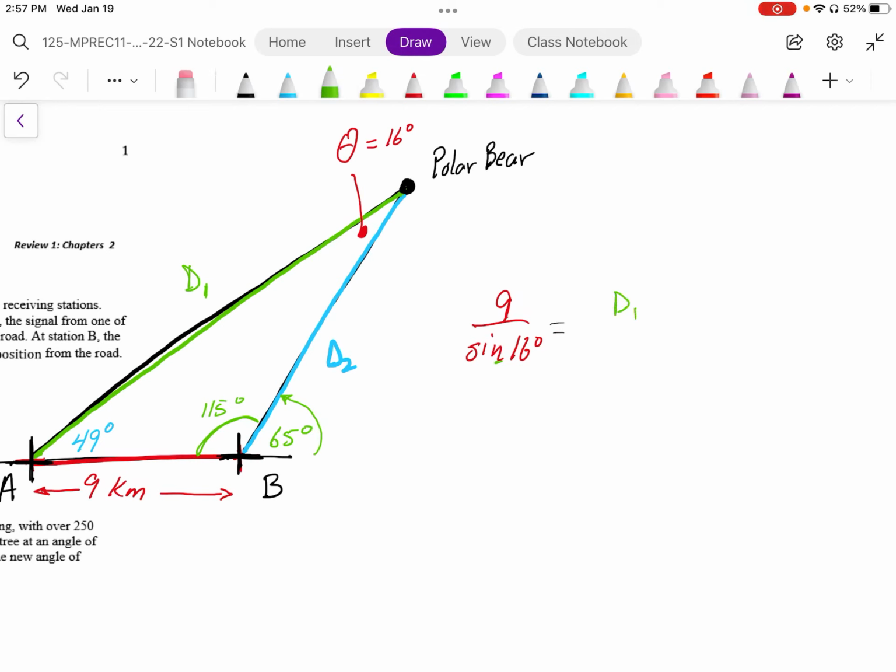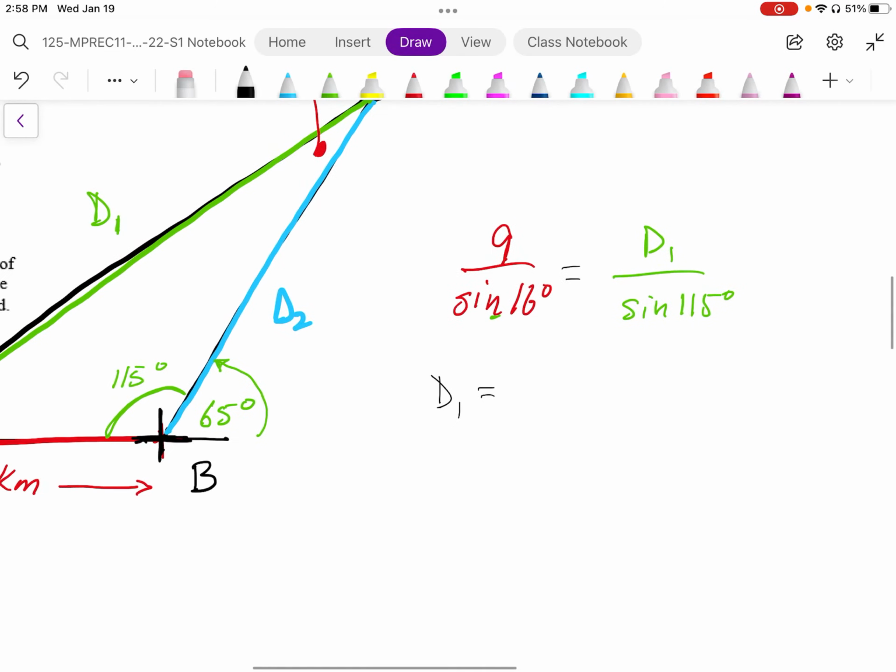So it's going to be the length D1 over sine of 115 degrees. And I can solve this algebraically. So I get D1 is equal to 9 times sine of 115 degrees over sine of 16 degrees.